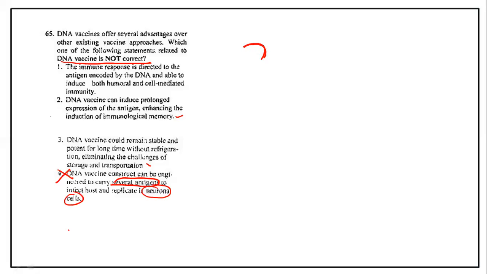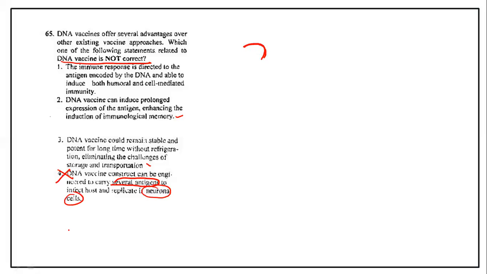Another important point is that still now no DNA vaccines are available for humans, but there is research going on for developing them, like in case of AIDS and malaria. In case of animals, two DNA vaccines are available.